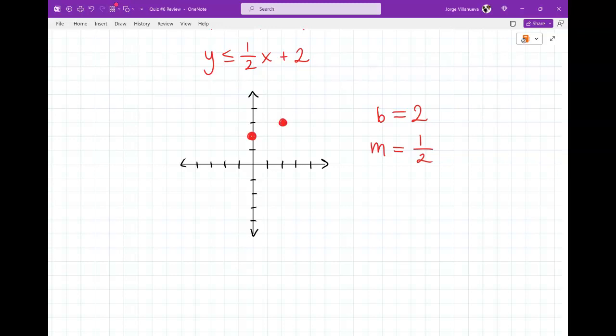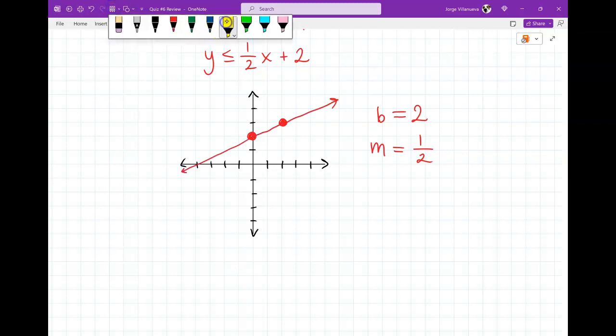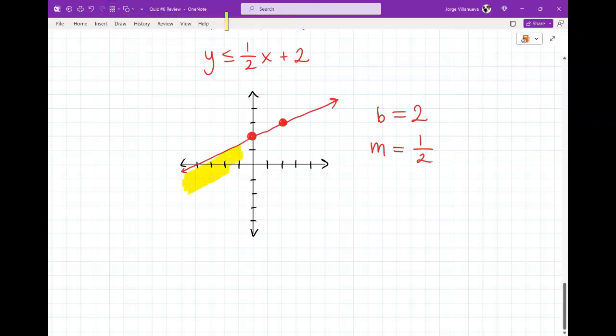So right here, solid or dashed line? This one should be solid, right? Above or below? Below, right? Less than or equal to, that's below. Make sure you memorize that, because it isn't a terribly difficult thing to memorize, but it is super important for graphing these right.